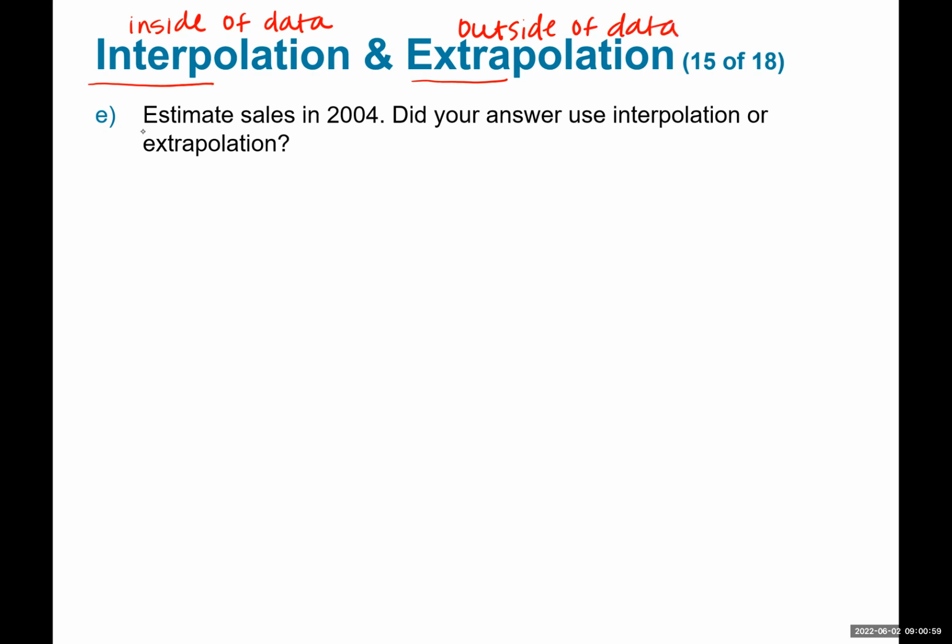So if we're going to be estimating sales for 2004, if we have 1998 to 2007 data, and we want to find 2004, is 2004 inside of this range or outside of this range? Well, 2004 would be in the middle of this range, so that's called interpolation.